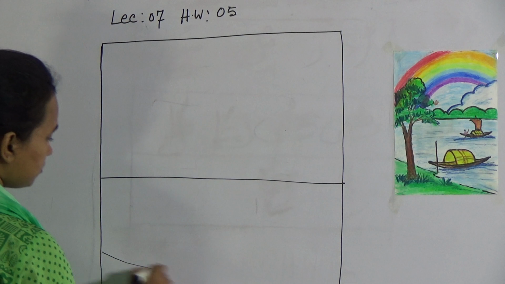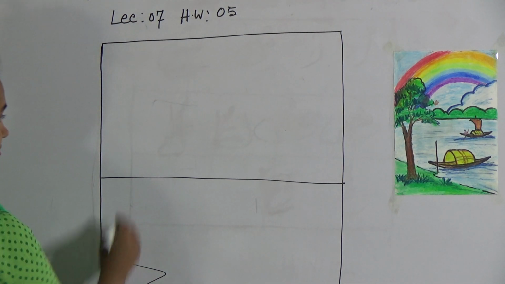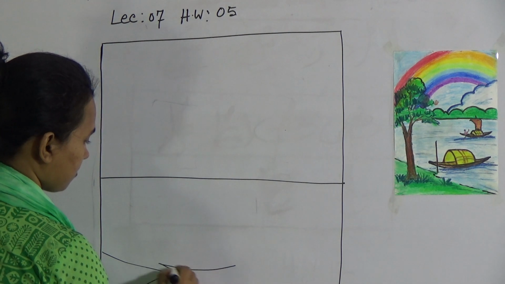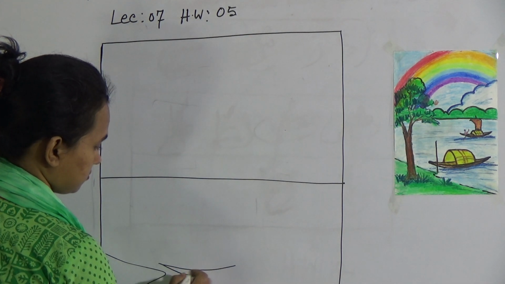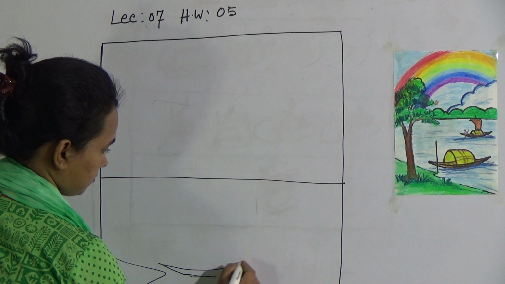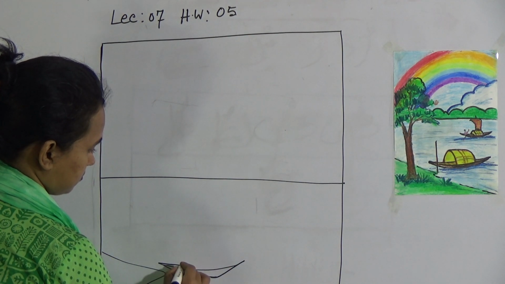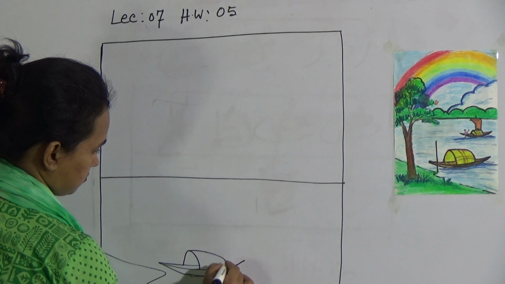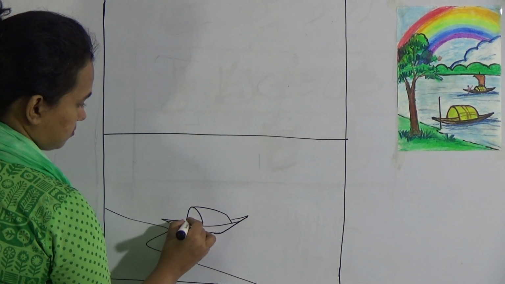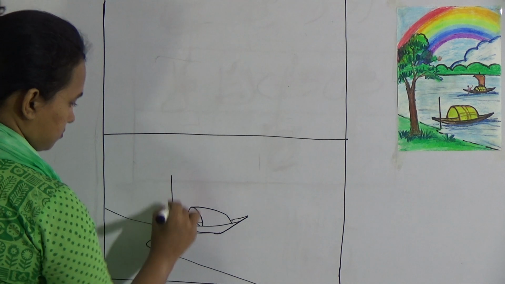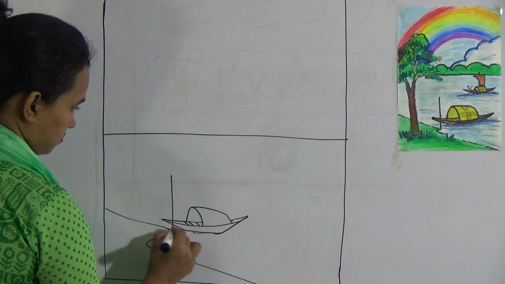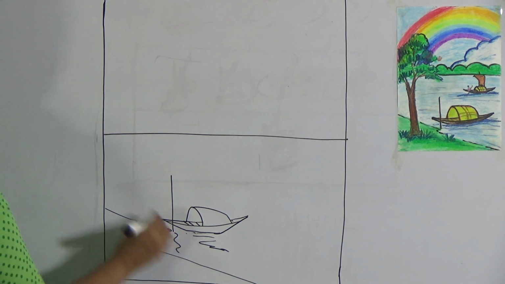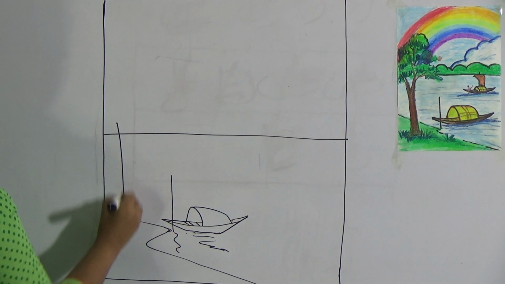Okay, draw an earth and give the boat. Okay, and give here a tree also.